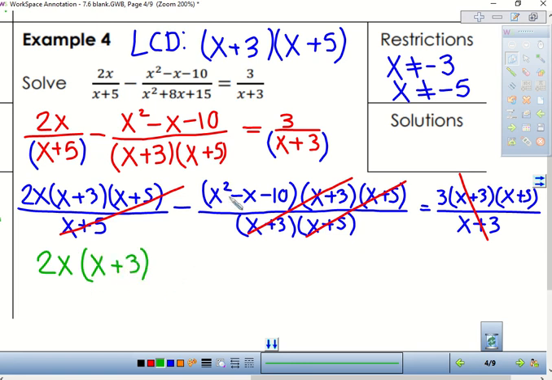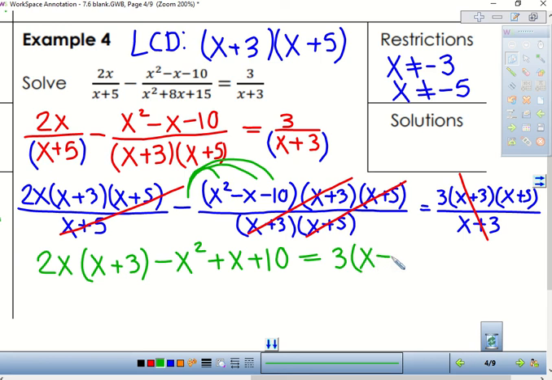Now this is where you have to be careful. What's going to happen here because it's a minus? Good. It's going to make all of the signs of those change. So it's going to be minus x squared plus x plus 10, which is going to be equal to 3 times x plus 5.